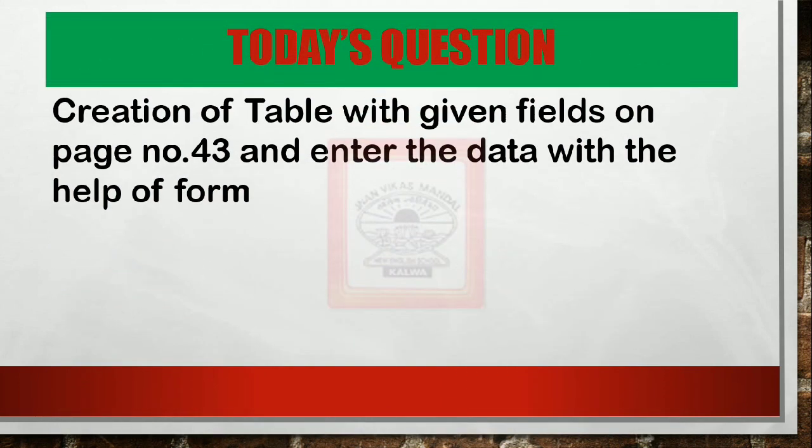So in today's question, that is part 1 of the lab activity given on page number 43, we are going to create a table with the given fields on page 43, and we are going to enter the data with the help of the form. This much we will do for today's part. Then in part 2 and part 3 we will see what the other steps are.